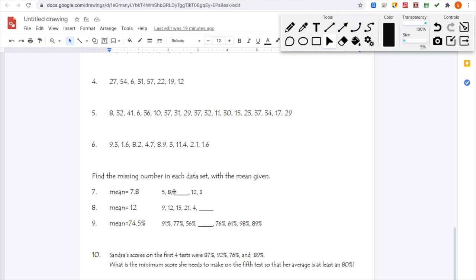So say these are the amount of assignments. Right now we only have 4 graded, but there's going to be a total of 1, 2, blank, which is 3, 4, 5 assignments. All right? So there's 5 assignments.